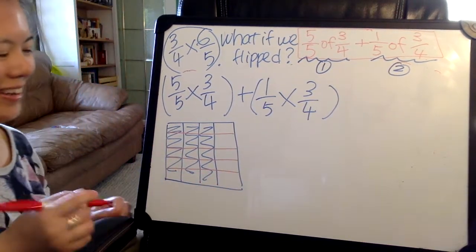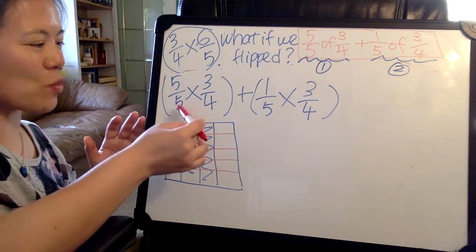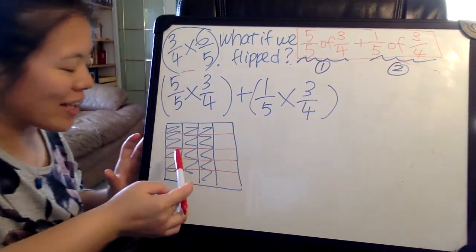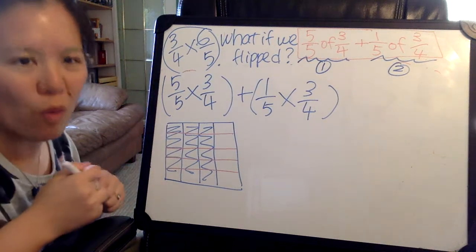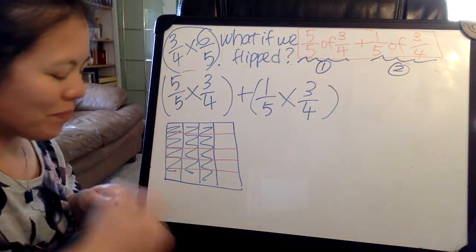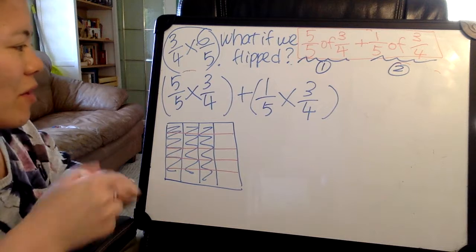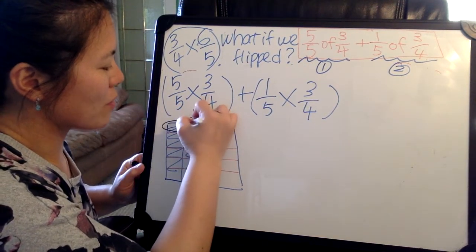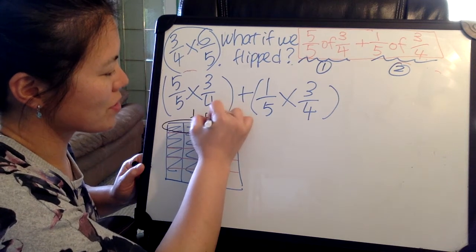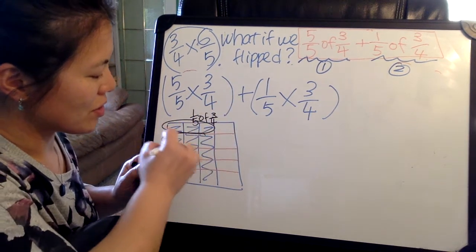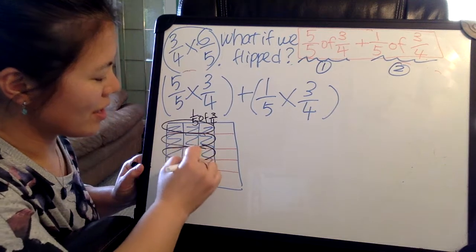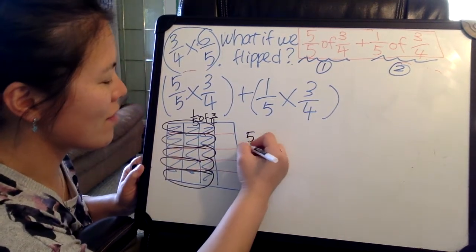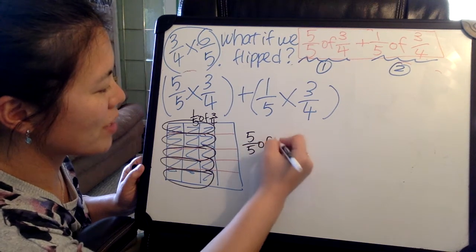So now it's one whole of 3/4. I know that I'm counting all of the 3/4, because this is my 1/5 of 3/4, and I have 1, 2, 3, 4, 5 of that. So 5/5 of 3/4.